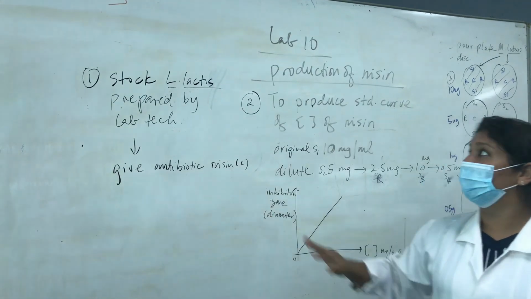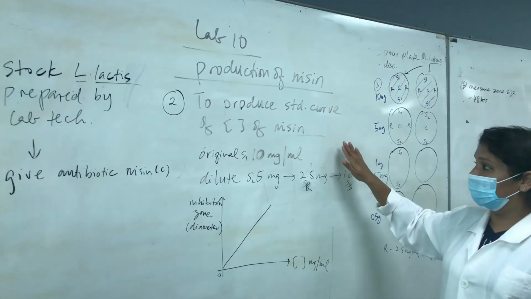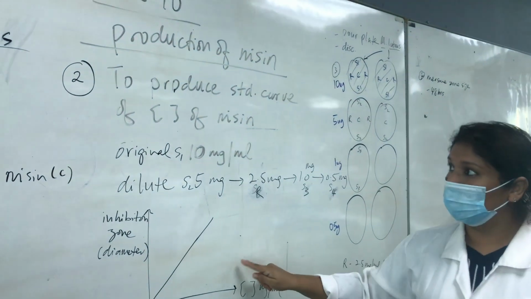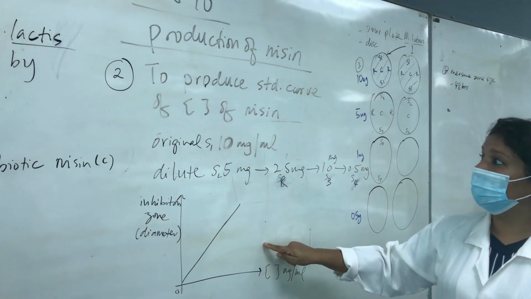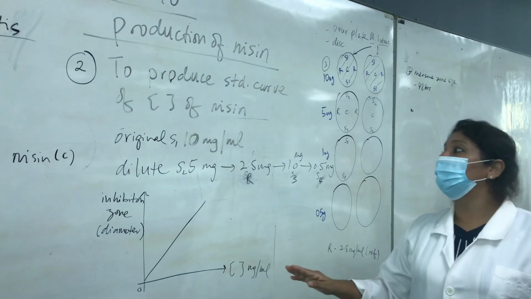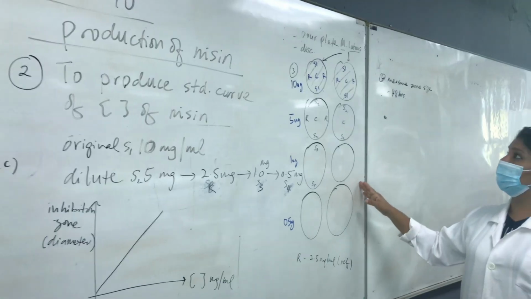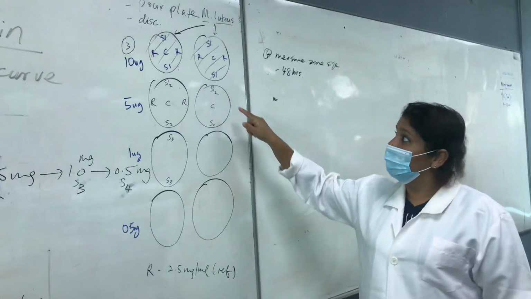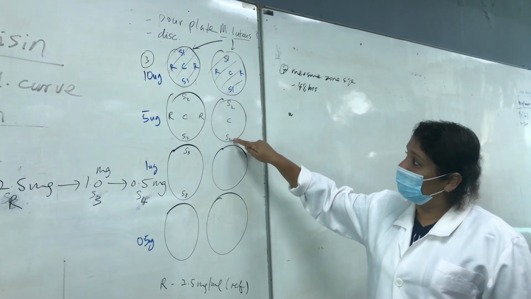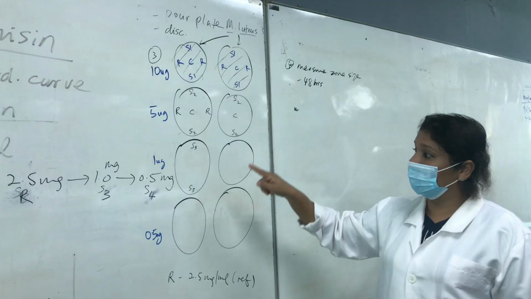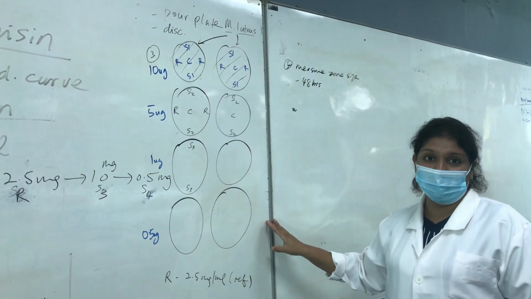So today we are going to do the standard curve. It will look something like this, using the commercial Nisin. After that we are going to put the agar in the disc and look out for the inhibition zone produced by the different dilutions of the standard curve.